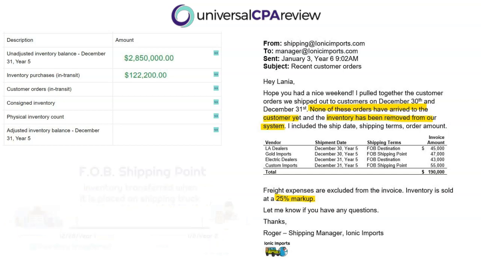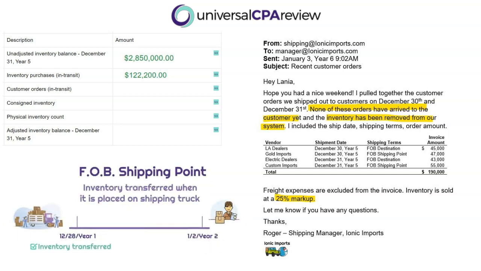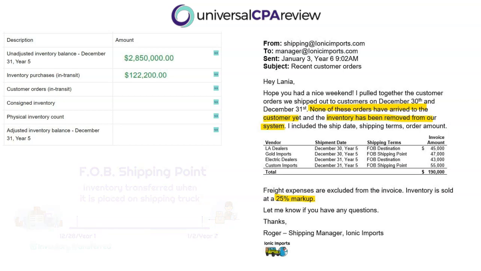However, if it's FOB shipping point, then inventory becomes the title of the customer when it leaves our warehouse. Now, in the simulation, it says that all of the inventory has been removed from the system. So we know that that's correct for FOB shipping point, but for FOB destination, well, we still hold title to that inventory and it should remain on our balance sheet.